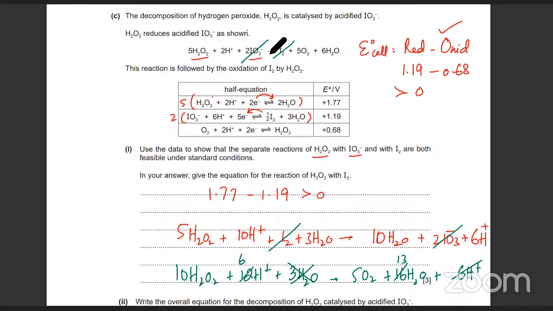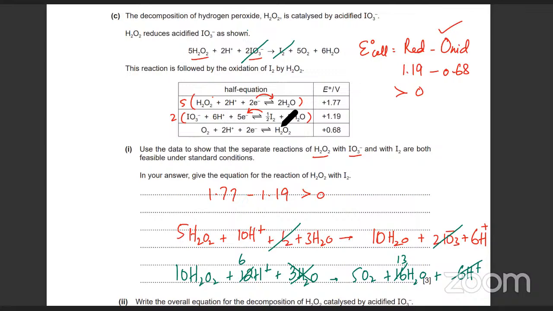So the first equation was given already, so that's obviously balanced. The second equation, we made it up ourselves, H2O2 with I2. So I said that I2 loses electrons, H2O2 gains electrons. So it was 5 H2O2, 10 H plus 1, and 10 H2Os.